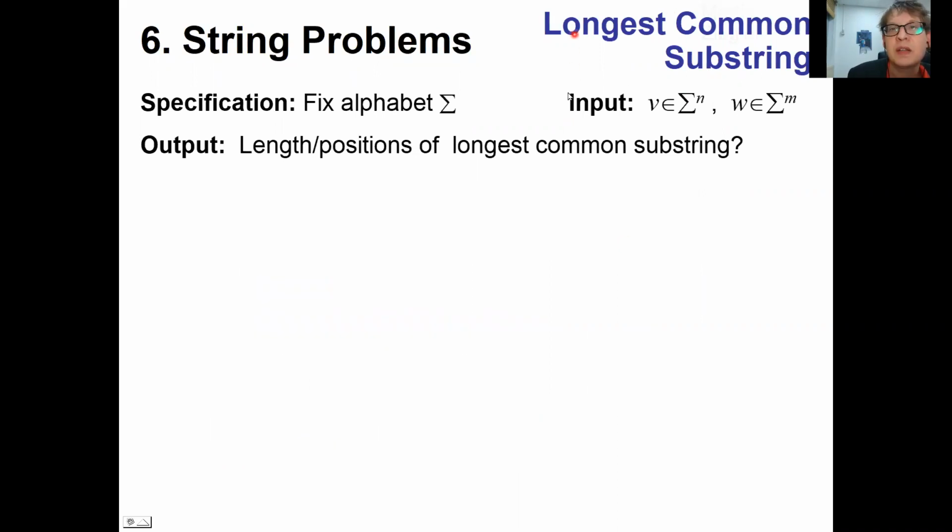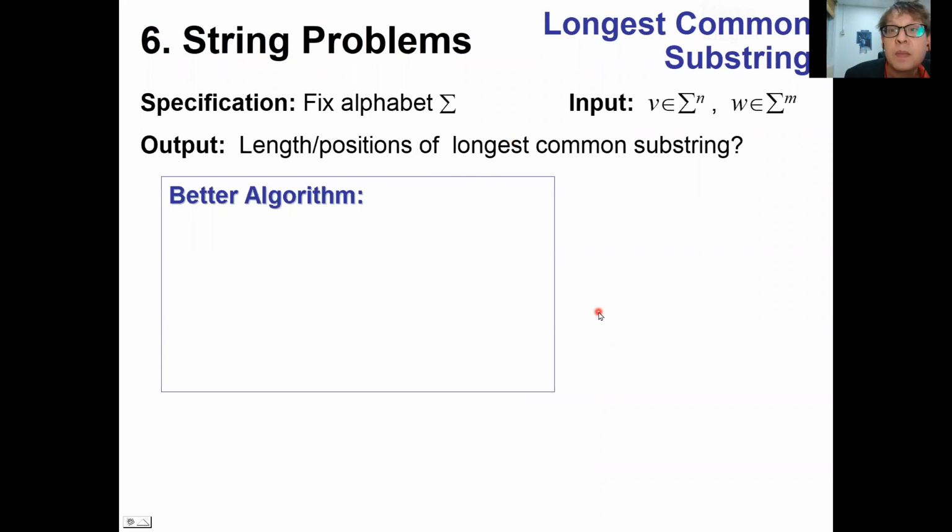Maybe now we're looking at a far more efficient algorithm. Right, and the more efficient algorithm is building a table. This is called a dynamic programming approach.